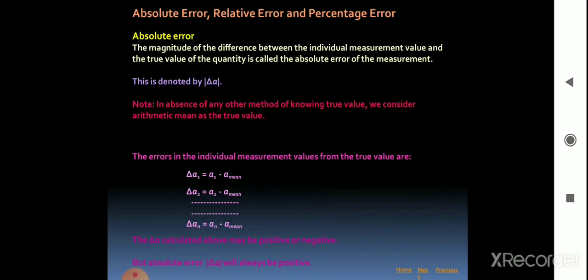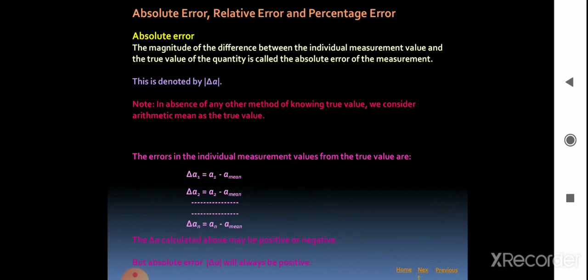Now, the errors in the individual measurement value from the true value. Suppose the values obtained in several measurements are A1, A2, A3, and so on, An.